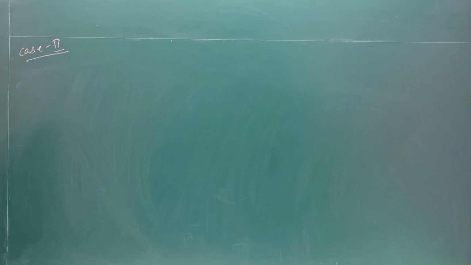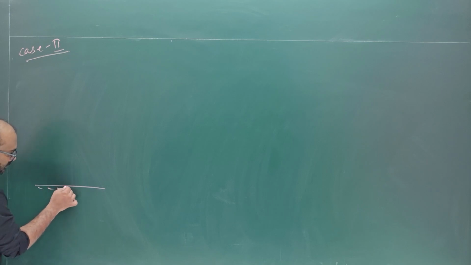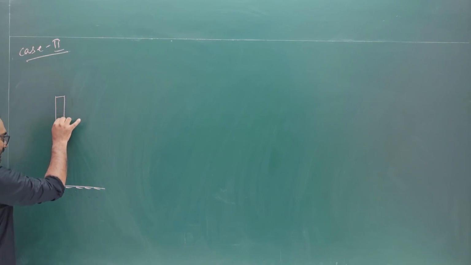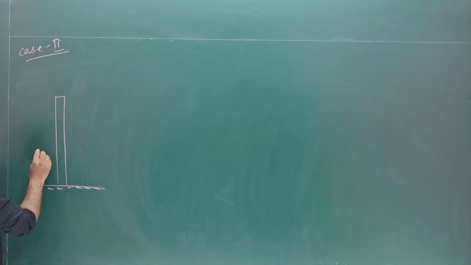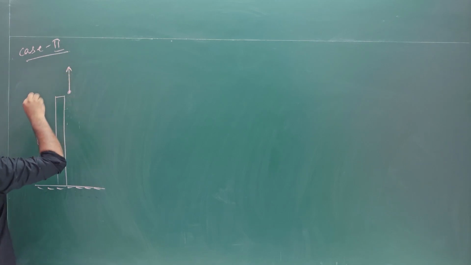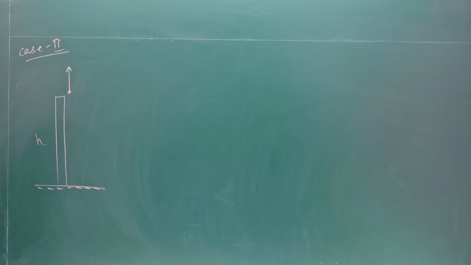Okay, don't worry. Now, consider again, this is your ground level, and from the ground level, the height of the building is h. Here is the person, and this person is throwing the object in the upward direction. To throw the object upward, is velocity equal to 0?